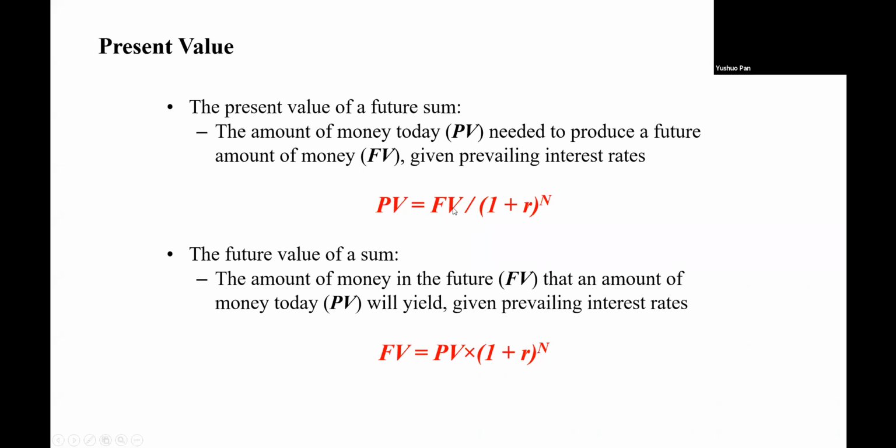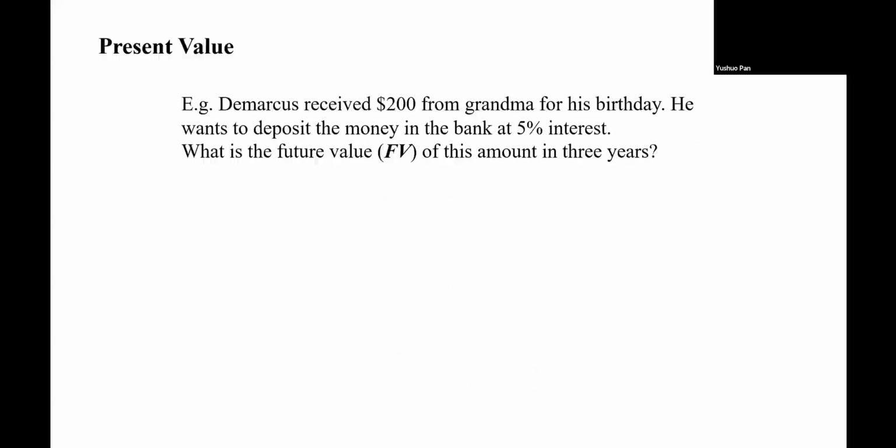If you put the future value on the left-hand side and the PV on the right-hand side, you get this equation: future value equals present value times 1 plus R to the nth power. Again, since 1 plus R is bigger than 1, the future value is usually bigger than the present value in the nominal figure. What is the future value of this amount in 3 years?